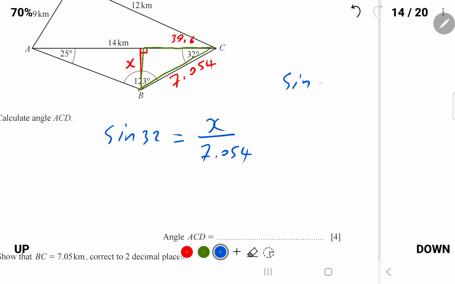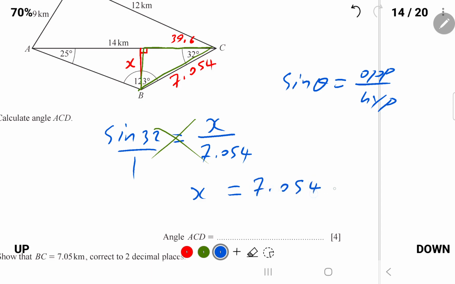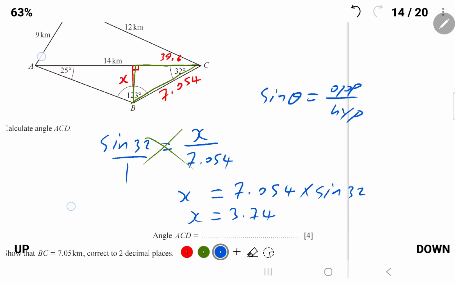Sine theta is equal to opposite over hypotenuse. So now we cross multiply, get X equal 7.054 multiplied by sine 32. And like this you get the answer. X will be 3.74, and that is the answer.